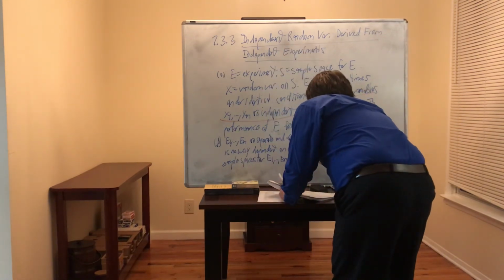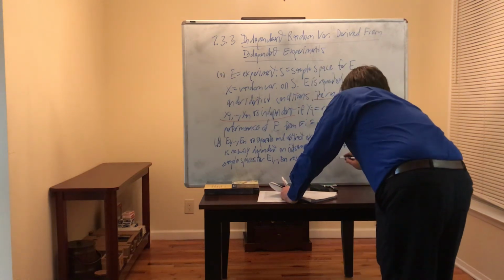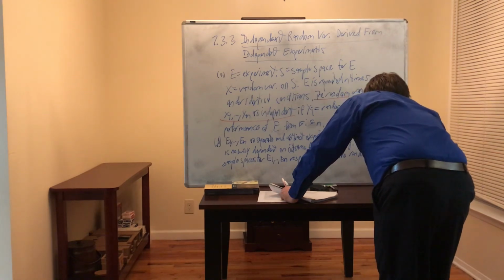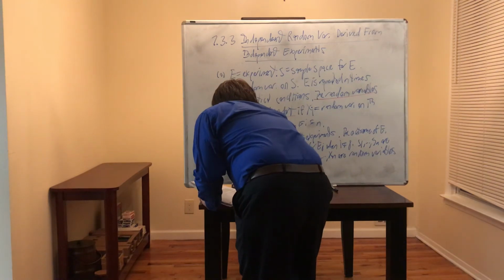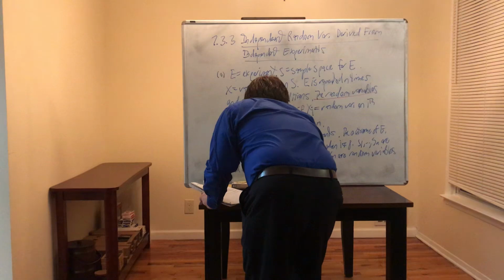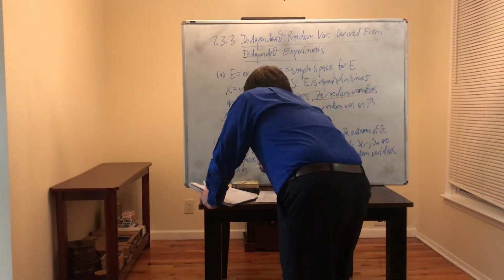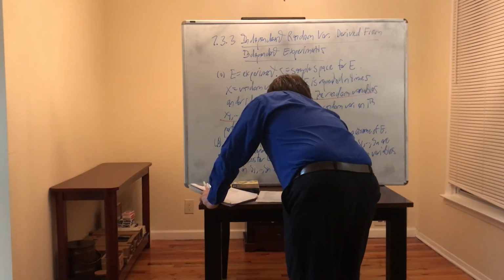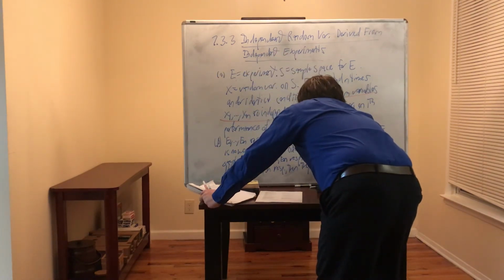If x1 to xn are random variables defined on S1 to Sn, respectively, then they are independent random variables.